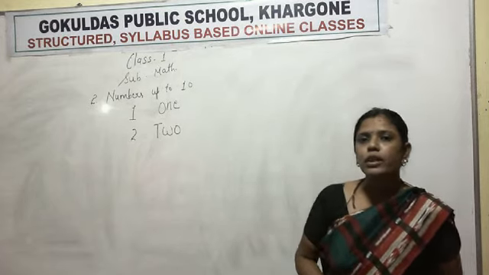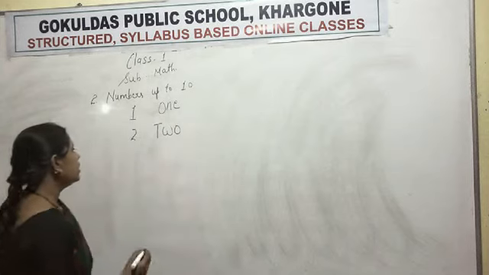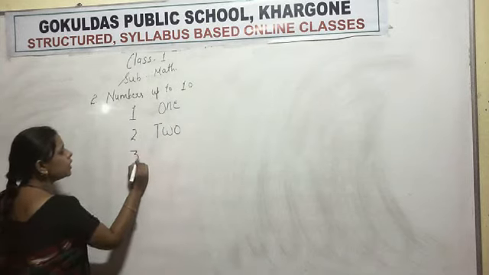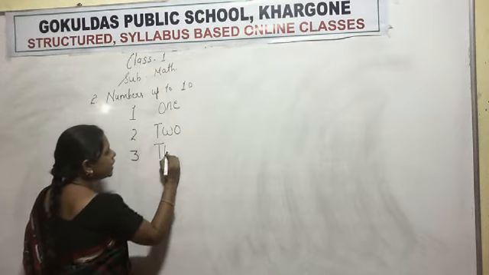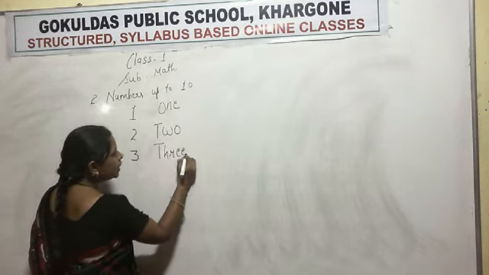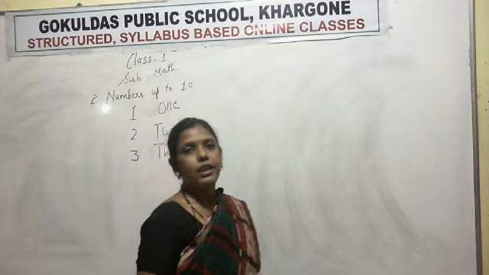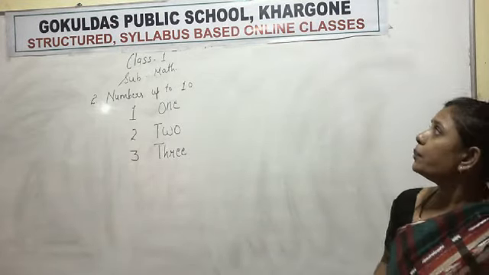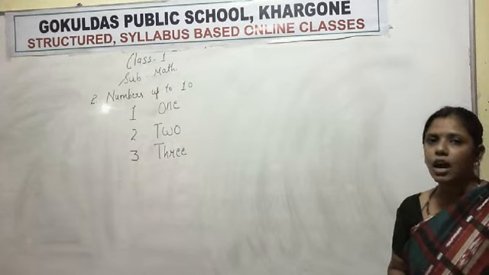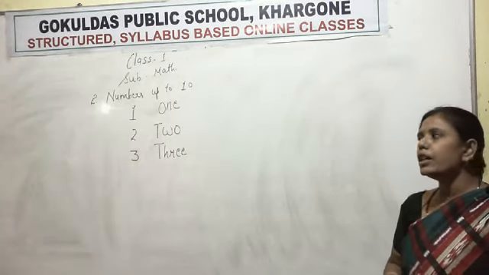The number after 2 is 3. What is the spelling of 3? T H R double E, 3. Repeat. T H R double E, 3.